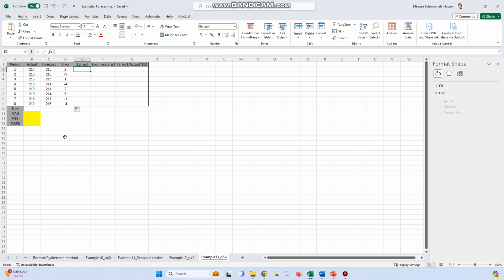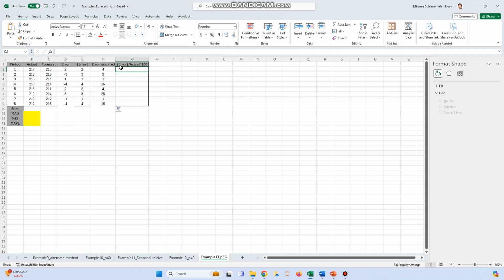Then for the absolute value of errors, we need to use this function, equal sign ABS, and select errors and enter. These are the absolute values for errors. For error squared, we need to use this formula, equal sign error to the power of 2, enter, and then copy the formula to other cells.